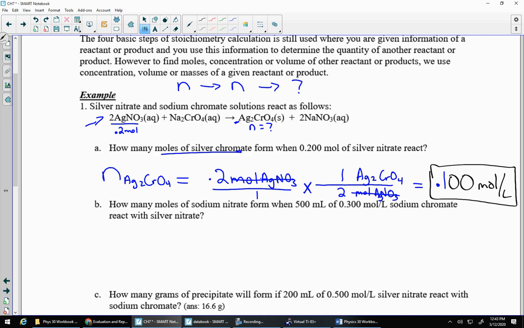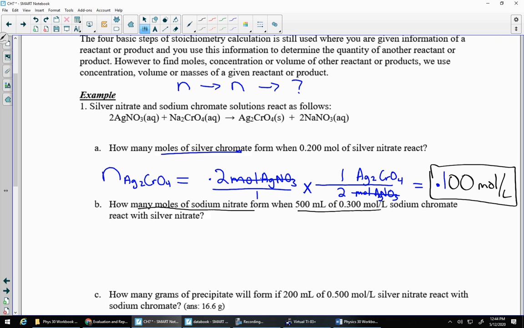This is where it's ever so slightly different. I'm going to clean up the top here, my original chemical reaction equation, because we're going to use that again. So how many moles of sodium nitrate, that's the point of the question, form when 500 milliliters of the 0.3 mole per liter sodium chromate solution react with silver nitrate?